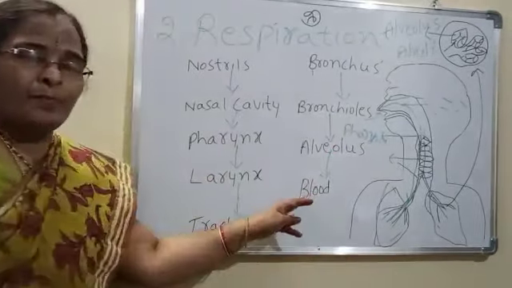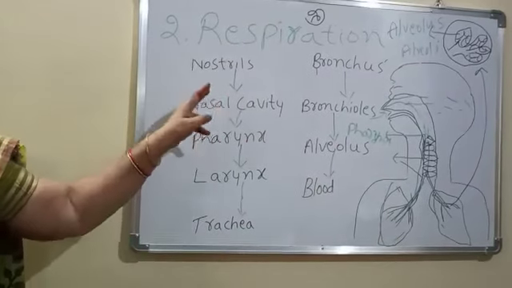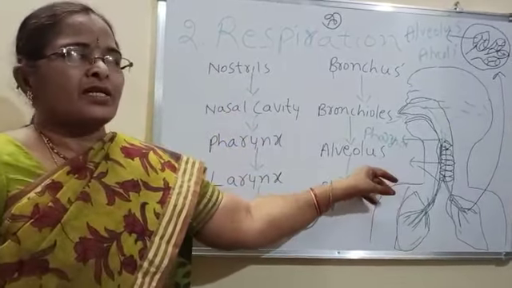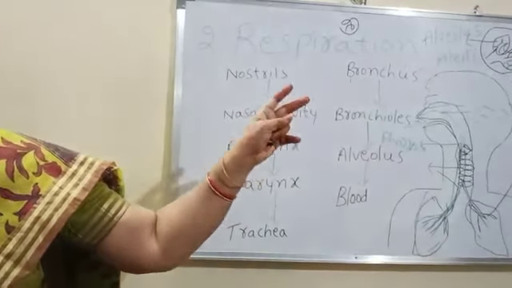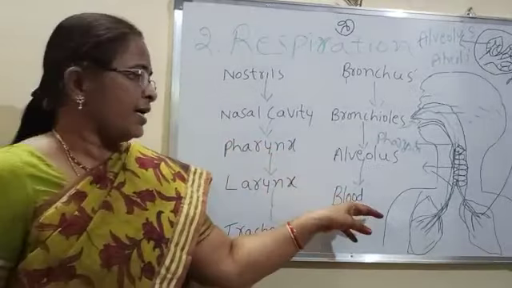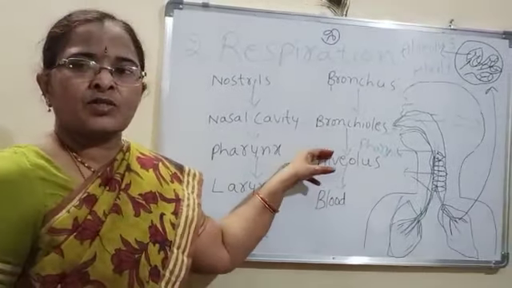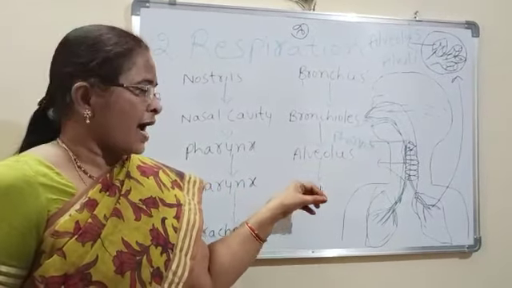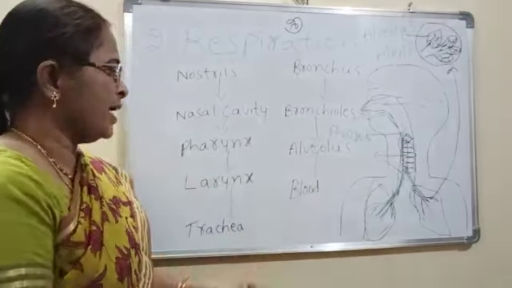And it will go to the blood. What is respiration? Taking in enough oxygen. That oxygen mixes with the blood, and the blood absorbs the oxygen and returns the carbon dioxide.